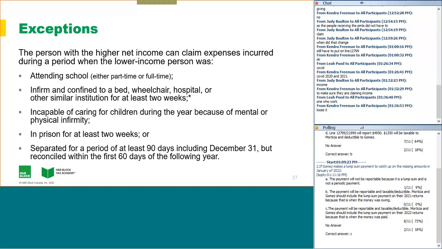So we've had situations where an inexperienced tax associate will look at someone who is the parent of their children, and they might be the lower income spouse, and they might be blind, they might be deaf, so hearing impaired, visually impaired, they may have a wheelchair. You cannot say to that person, because of your disability, you can't care for your children, so we're going to give the child care expenses to the higher income person.